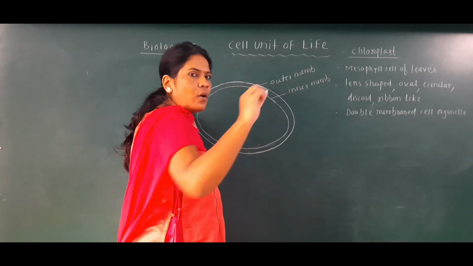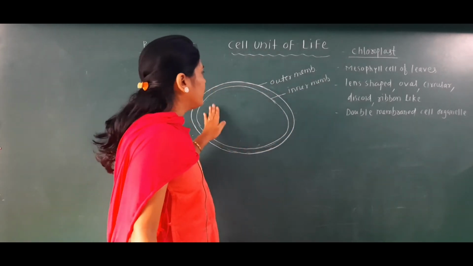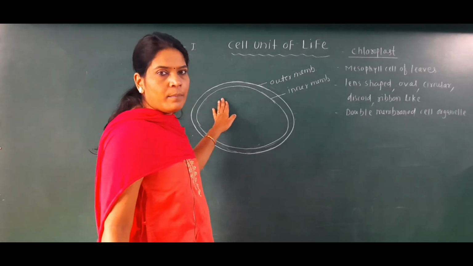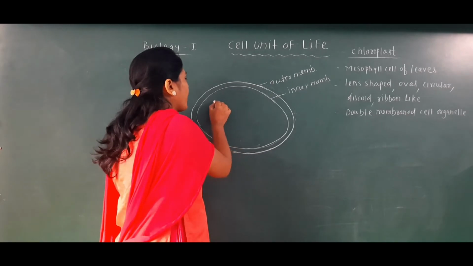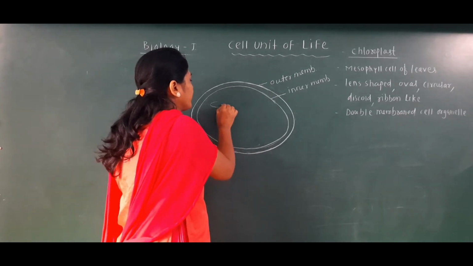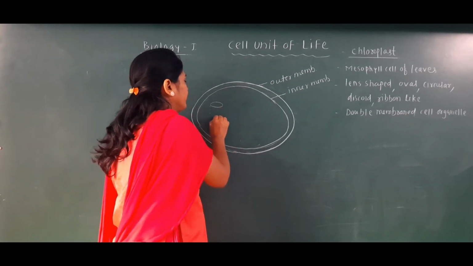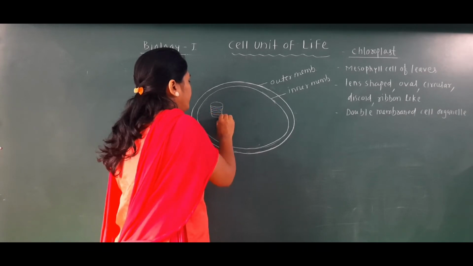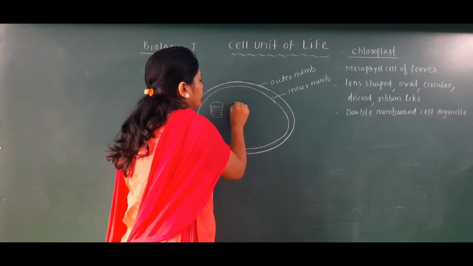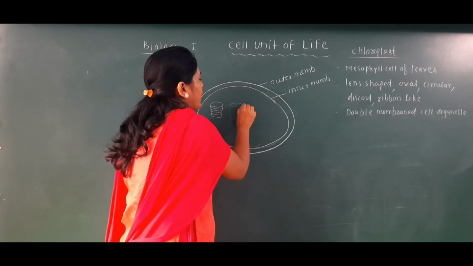Now all the content here is called the stroma. But before that, you have to draw some structures present in the stroma, and the structure looks like this. Here you can observe structures like a stack of coins.